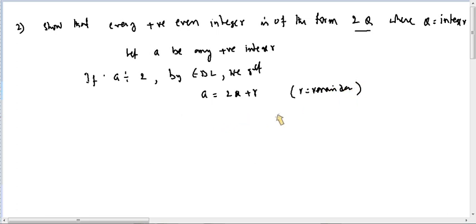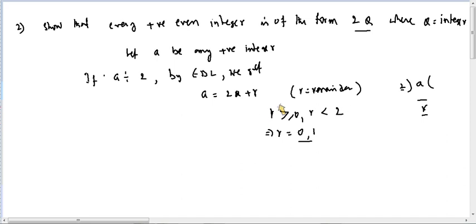Now, what is r? r is greater than or equal to 0 and r is less than 2. Divisor is 2, that means a is divided by 2, so r always should be less than 2. So then what will be r? r is equal to 0 or 1. It cannot be 2. So there is a possibility of getting 0 or 1.